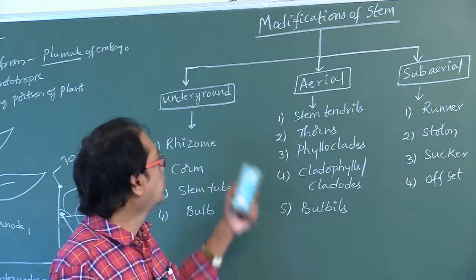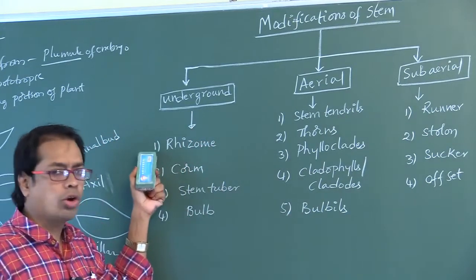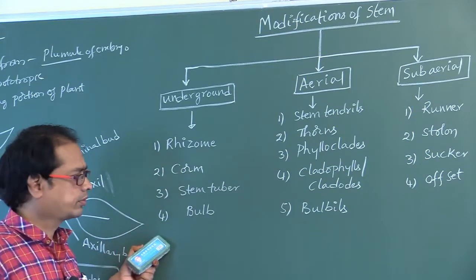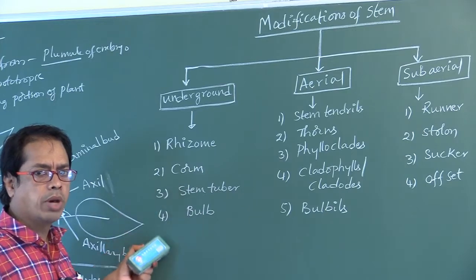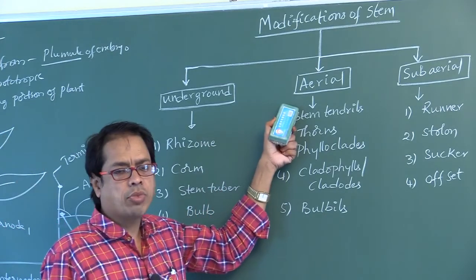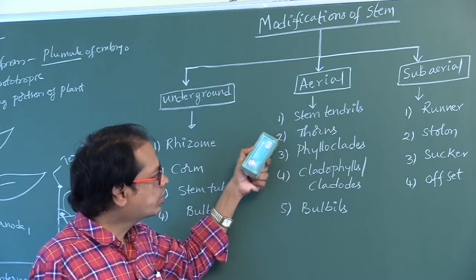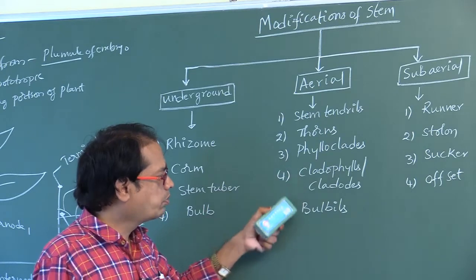Now the underground stem modification types: rhizome, corm, stem tuber, bulb. Aerial stem modification types: stem tendrils, thorns, phylloclades, cladophylls or cladodes, bulbils.